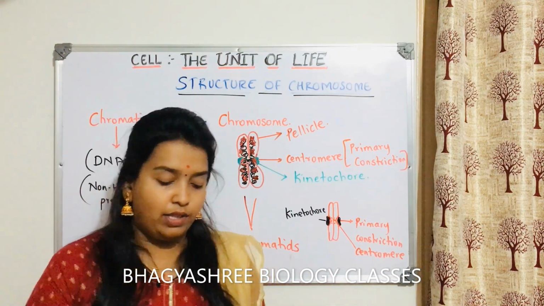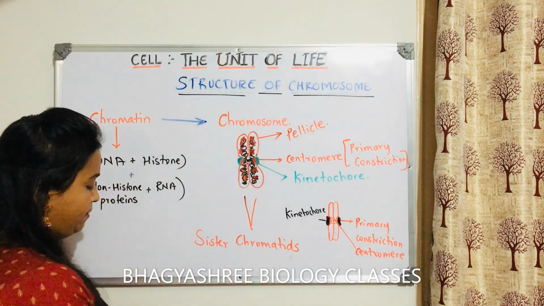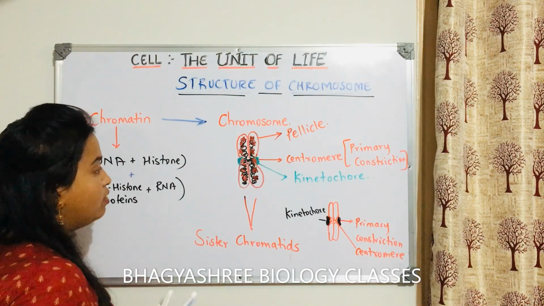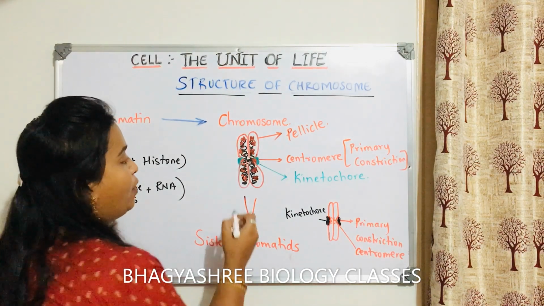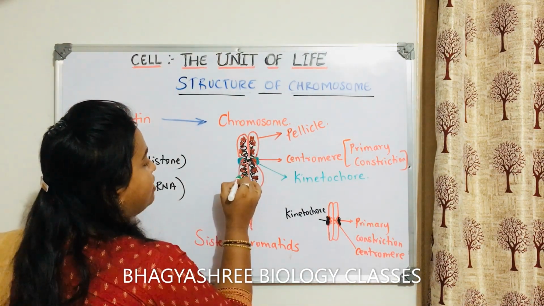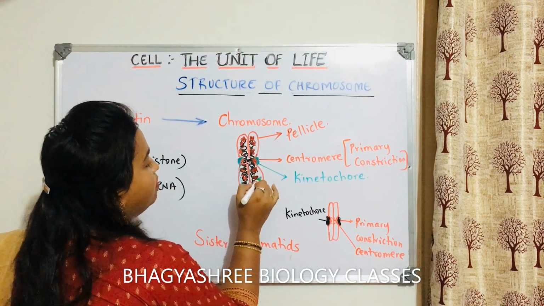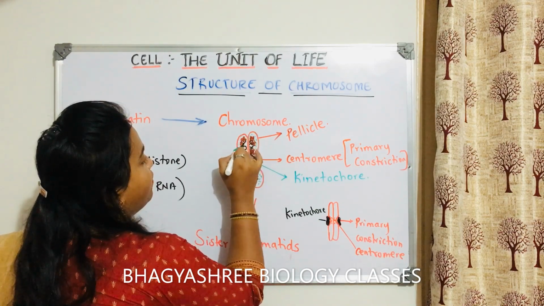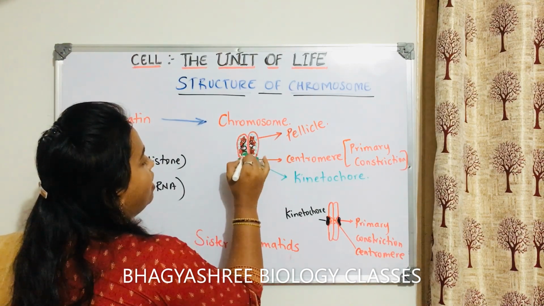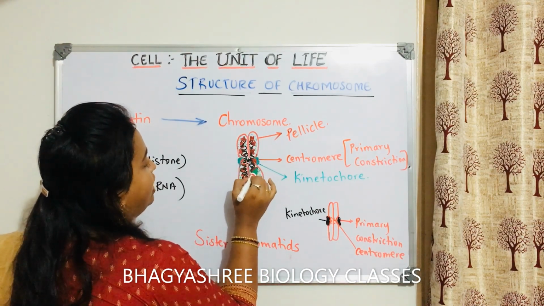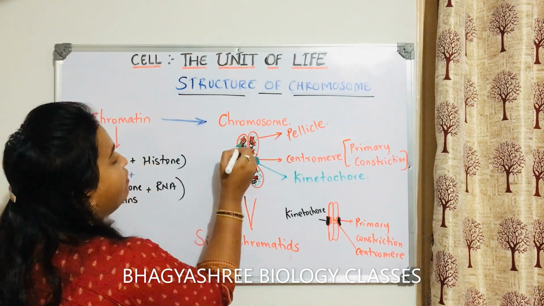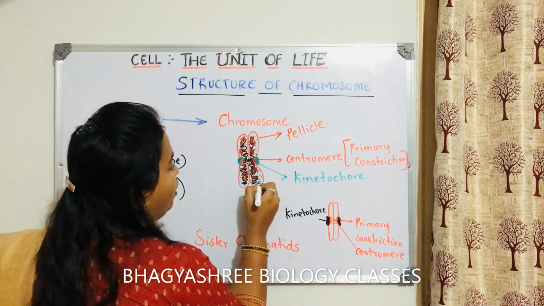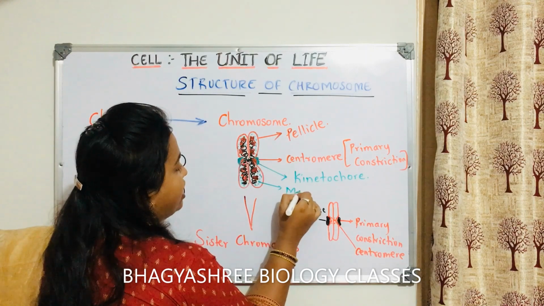That is called the ground substance. Just like the nucleus has nucleoplasm and the cell has cytoplasm, in the chromosome, where this condensed chromatin is, along with it it has this ground substance, and we call this substance the matrix.